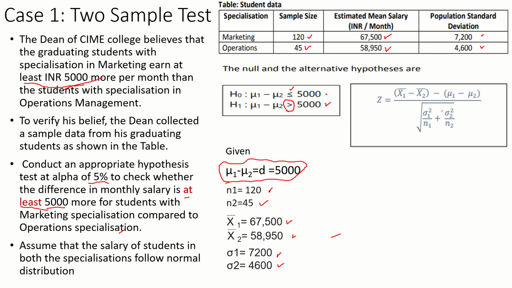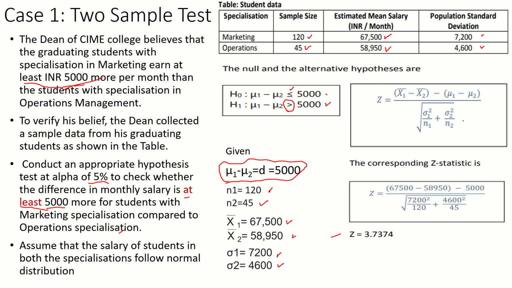In the one sample test, the formula was x minus mu divided by sigma by root n. Exactly like that, since we have a two sample test, we have two x bars, two mu's, two sigmas and two n's, placed accordingly.